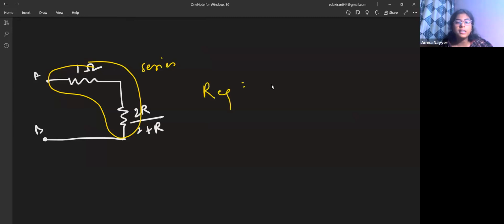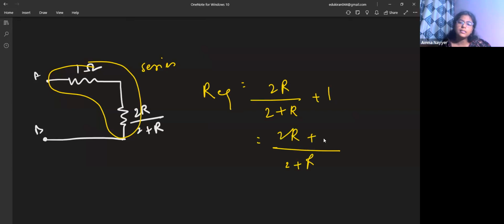R equivalent will be 2R divided by (2 plus R) plus 1, that is R1 plus R2. So the answer becomes (2R plus 2 plus R), that becomes 3R plus 2. So your R equivalent is (3R plus 2) divided by (2 plus R).